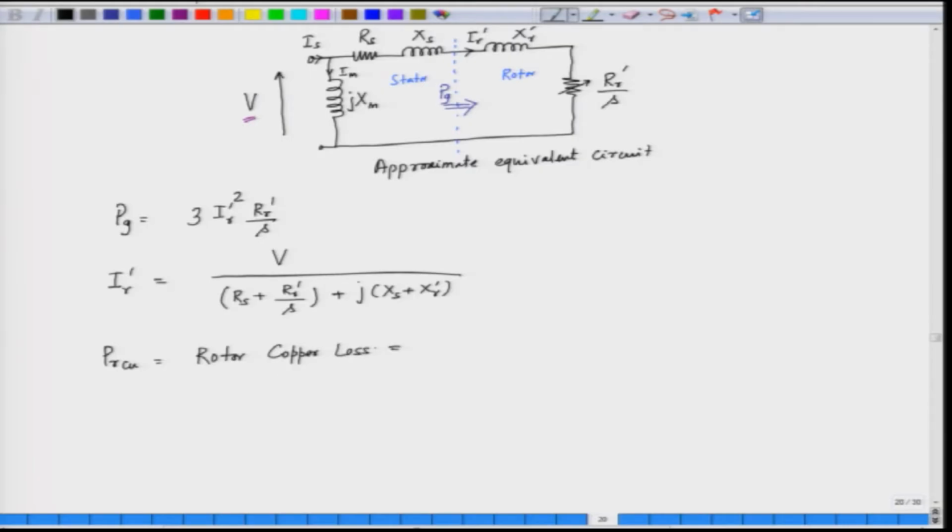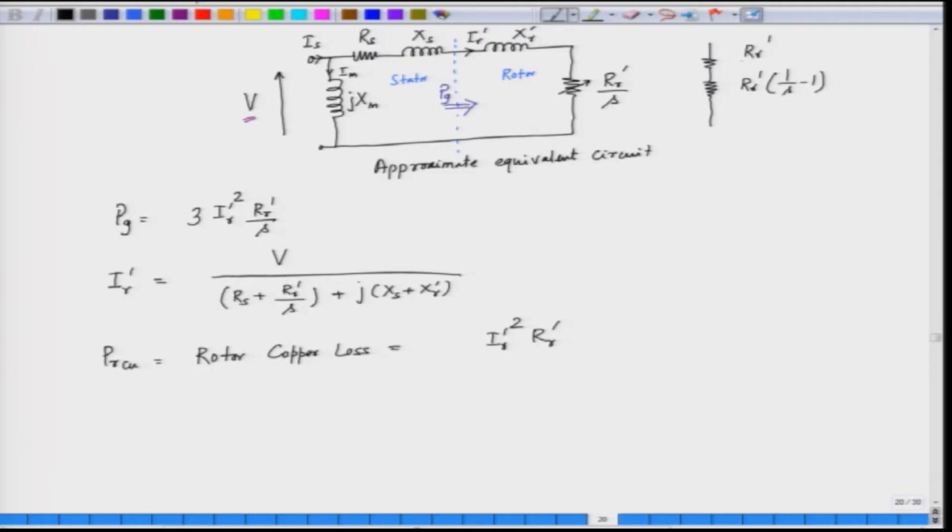The rotor copper loss is essentially equal to the rotor current squared into the actual rotor resistance. Now, this resistance can be broken down into two resistances: one is R r prime, and the other is R r prime into (1 by S minus 1).